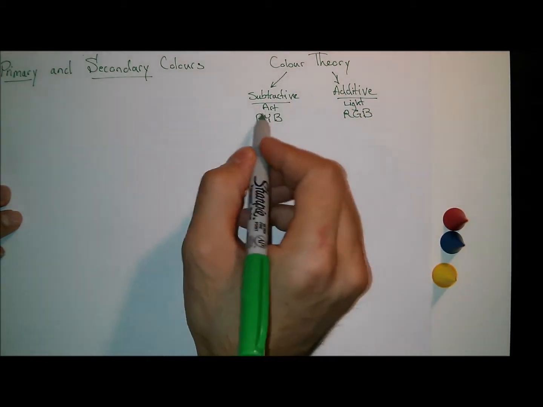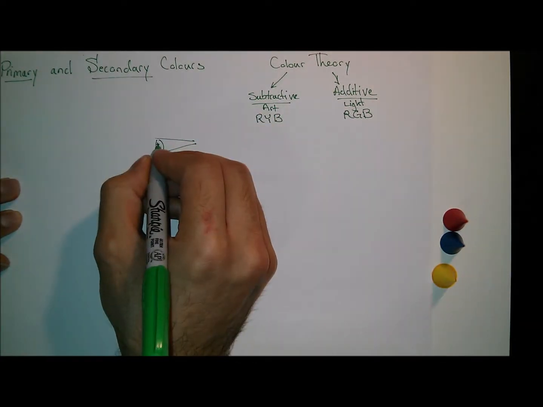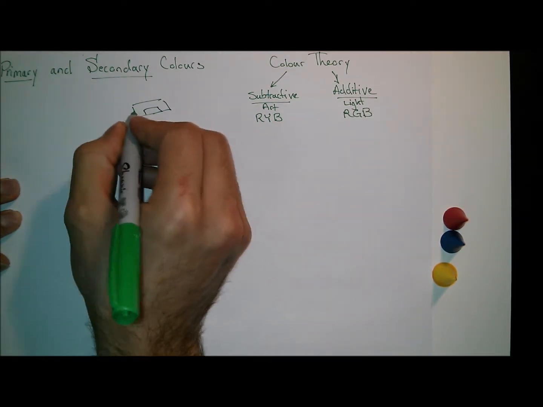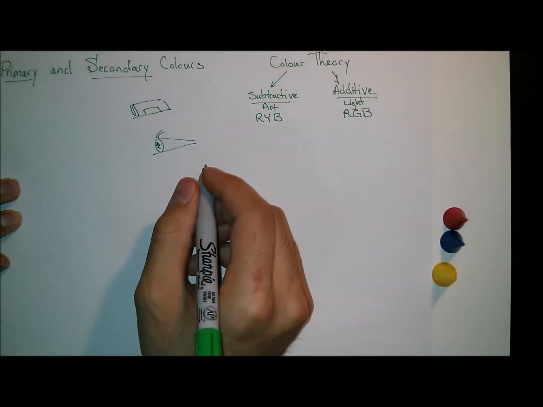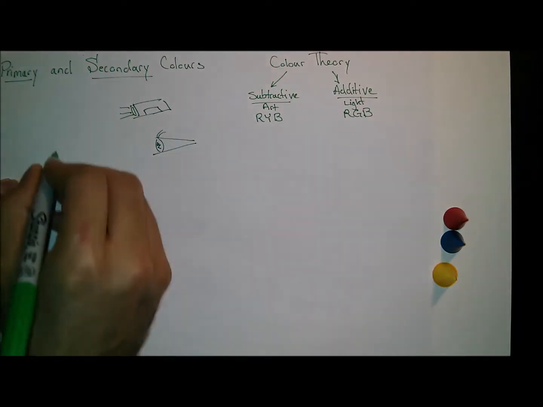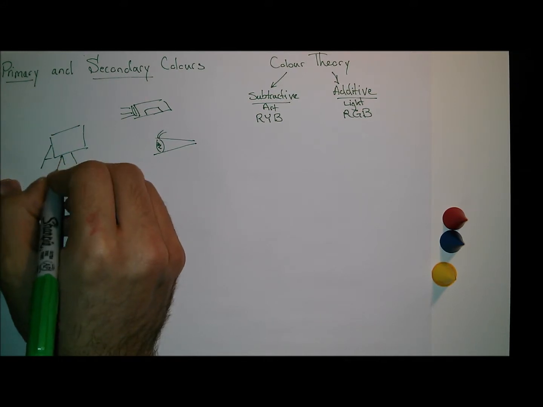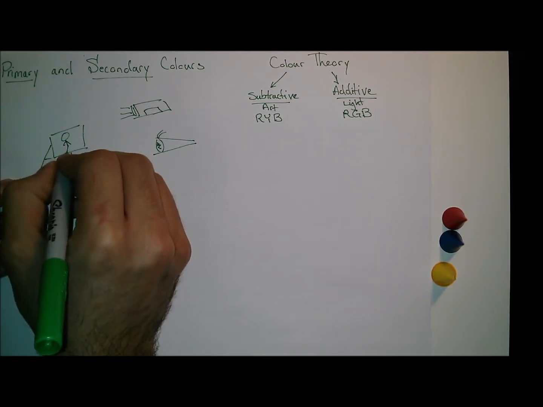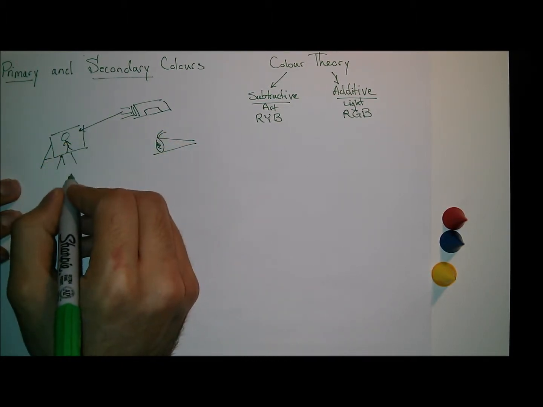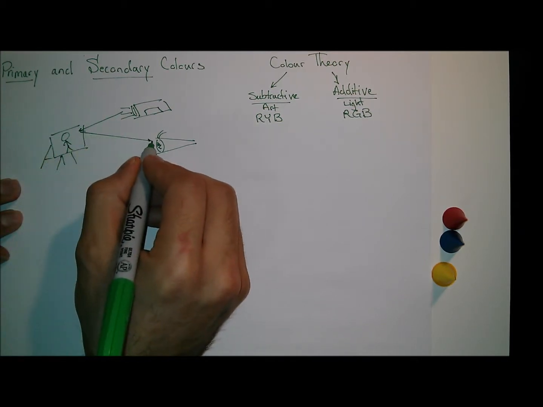Now, the principle of subtractive theory is that you begin with white light. And as we know, white light consists of many wavelengths that could consist of many colors. If this is a flashlight and we are looking at a picture, usually when the flashlight hits a light surface, which does not absorb anything, it bounces back.